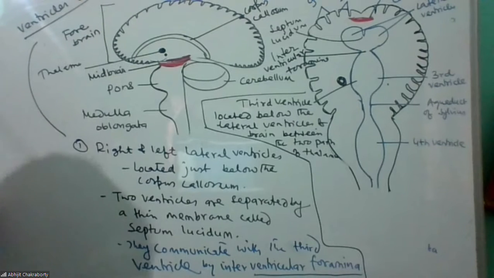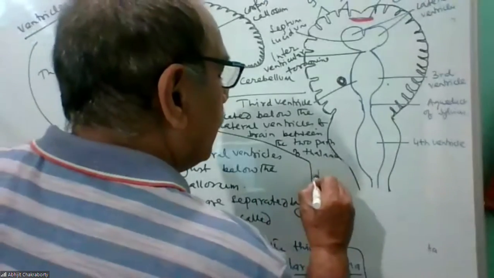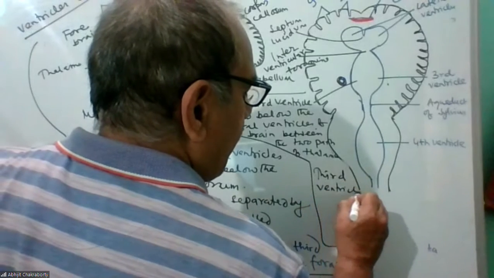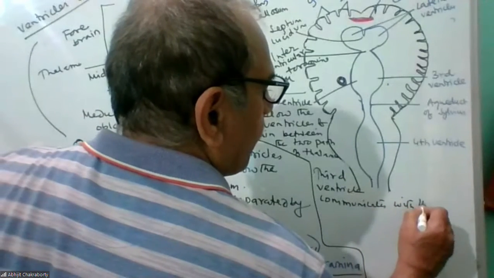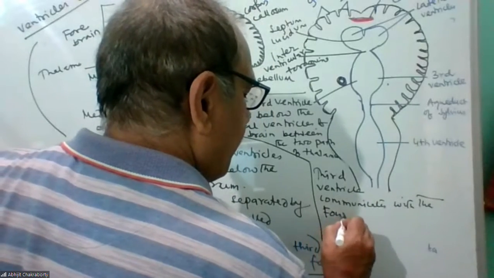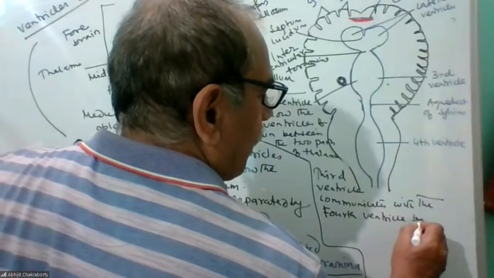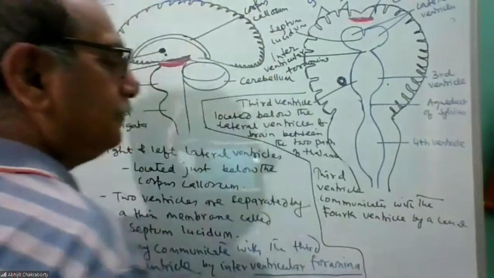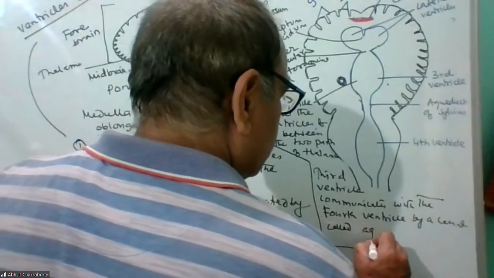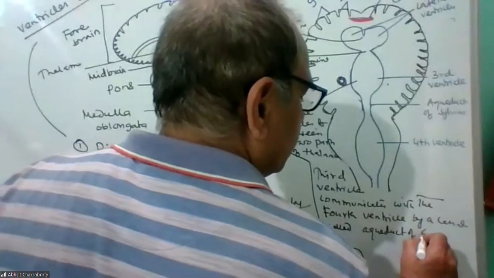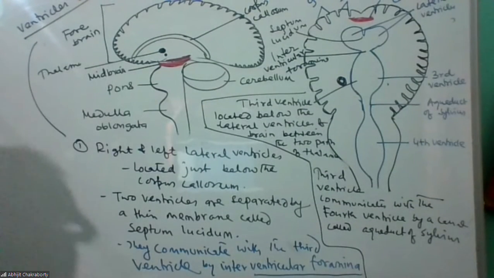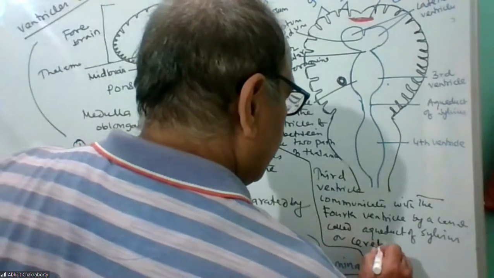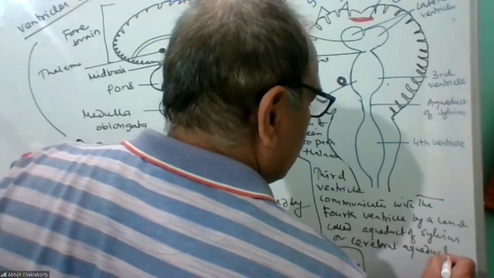Now, the third ventricle communicates with the fourth ventricle by a canal called aqueduct of Sylvius, or sometimes it is also called cerebral aqueduct or aqueduct.